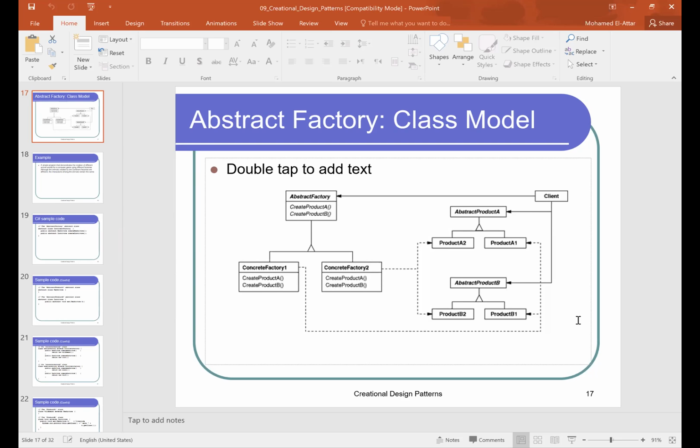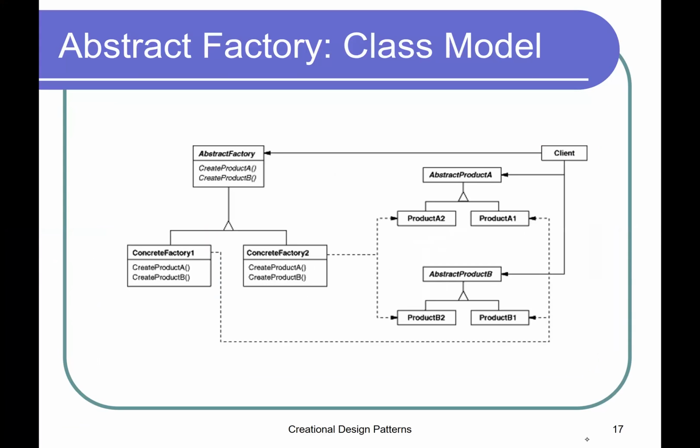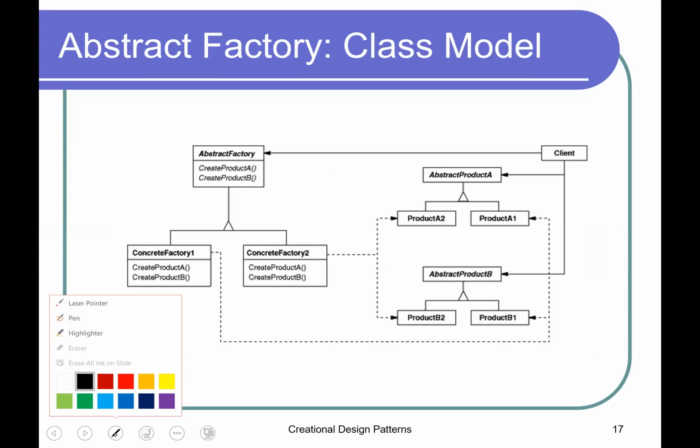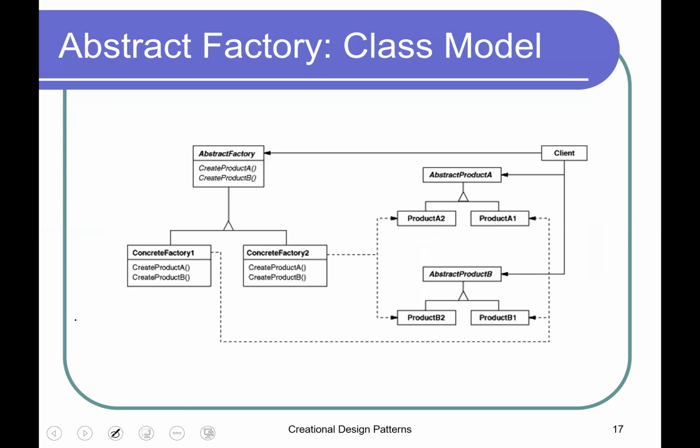The next design pattern we're going to look at is called the abstract factory design pattern, which is what you see in the slide in front of you. Let me just pull up the pen over here. Okay.